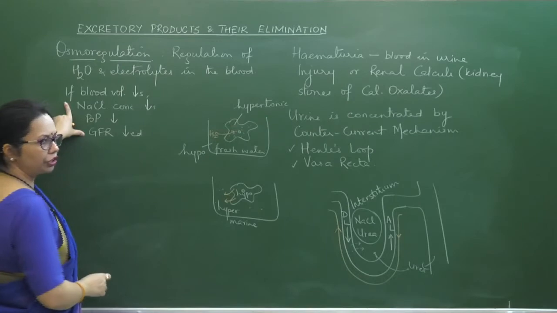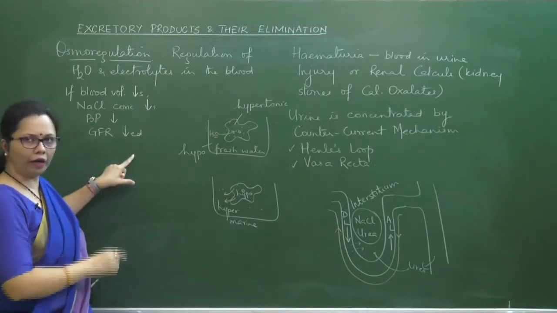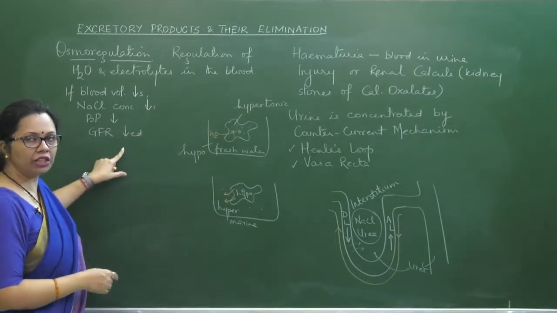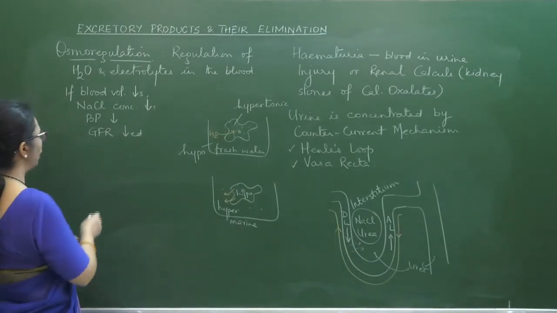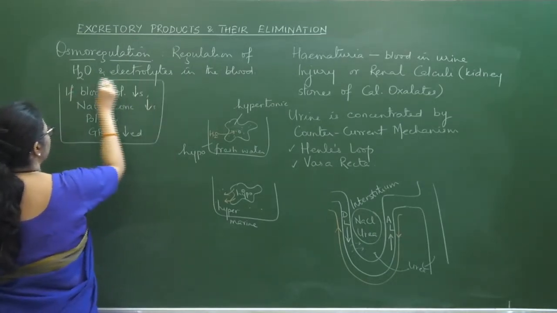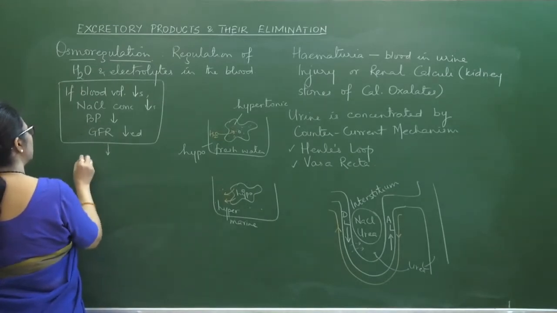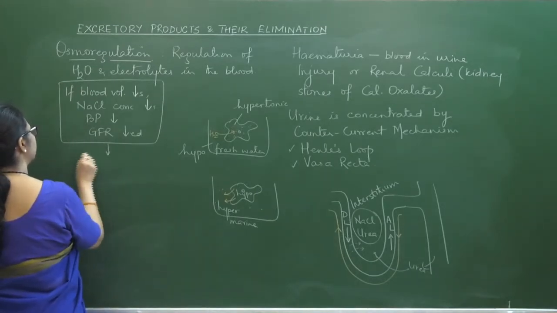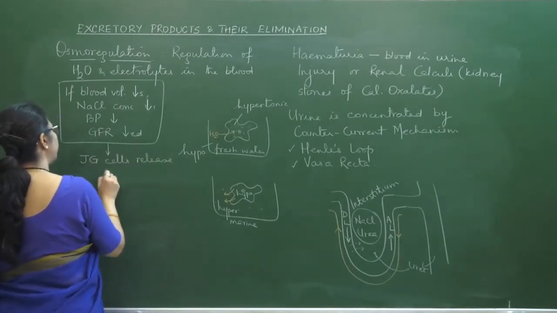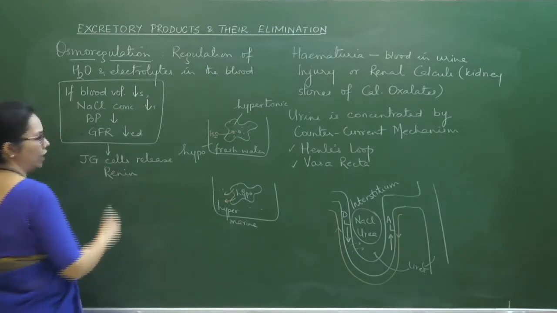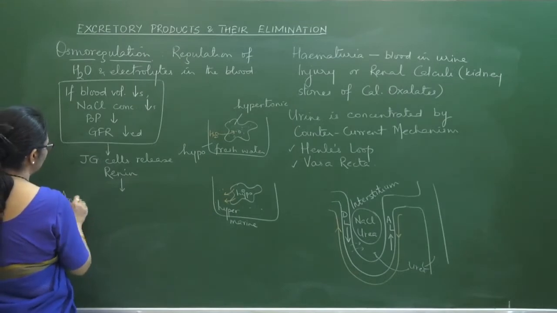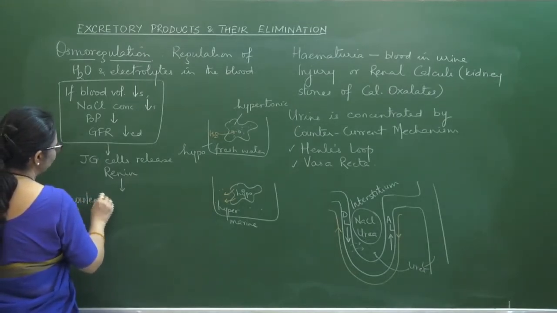Now in such conditions, this is sensed by our JGA, and in that case the JG cells are stimulated to release renin. Now renin acts on one particular protein, angiotensinogen.